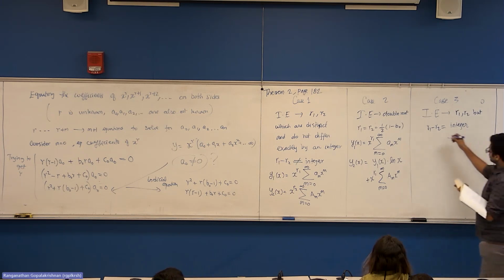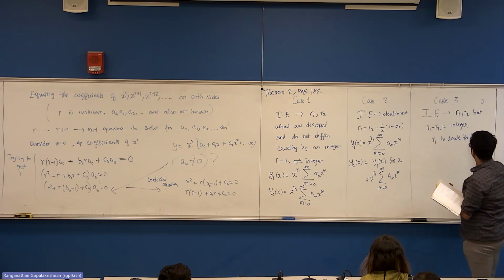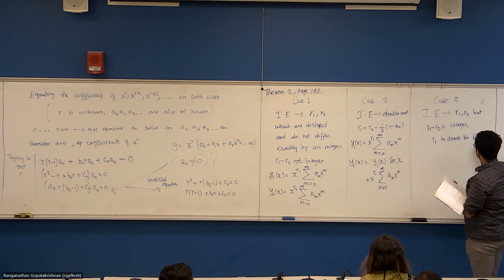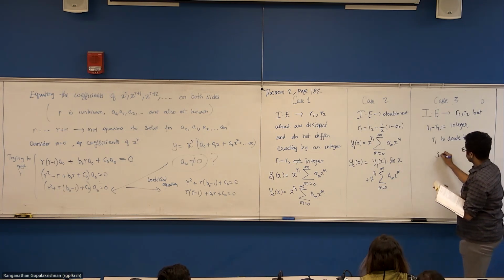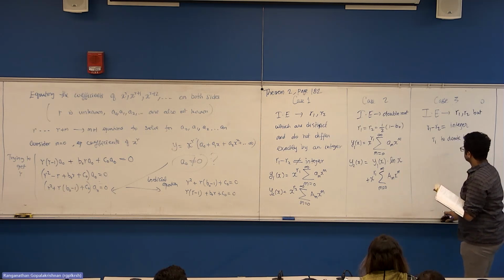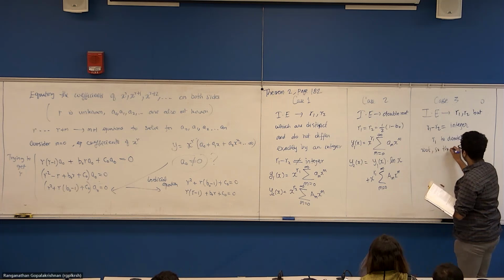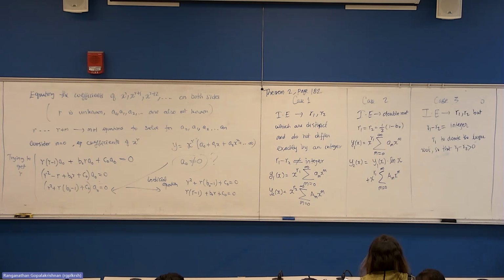And by convention, we use R1 to denote the larger root, so that R1 minus R2 happens to be a positive number.